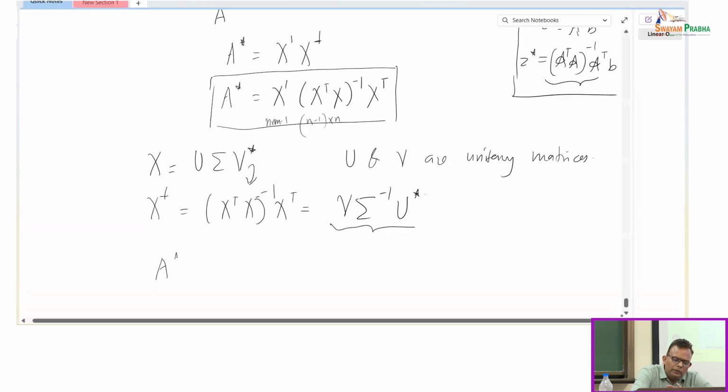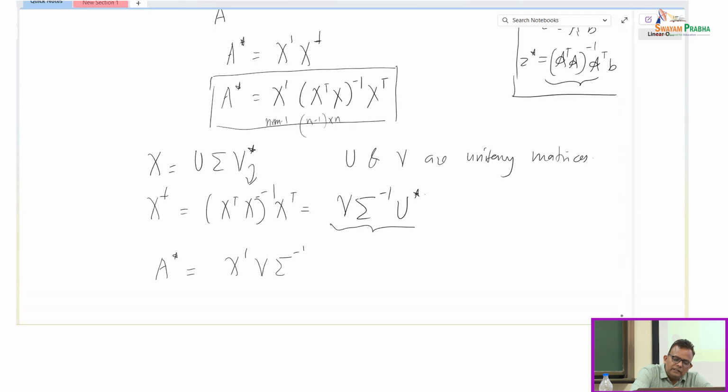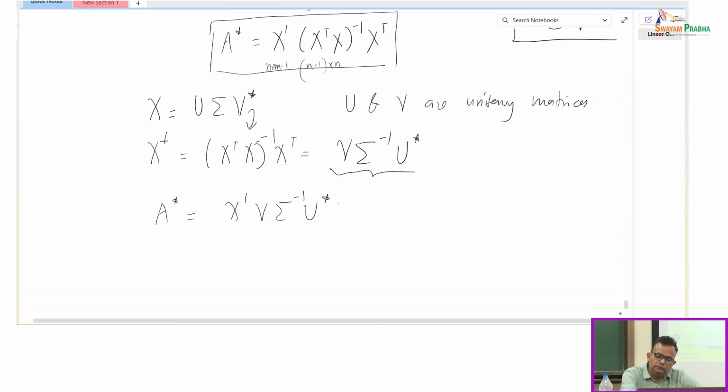Then you write down your A star as X prime V sigma inverse U star. So this will be the formula for the optimal A star in terms of the singular value decomposition of the data X.